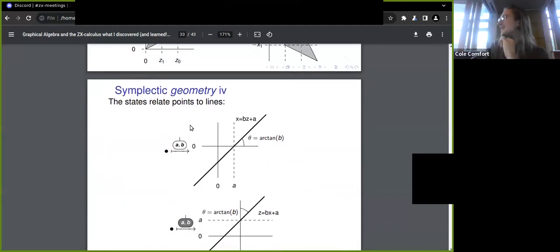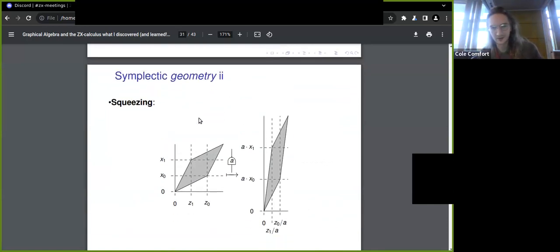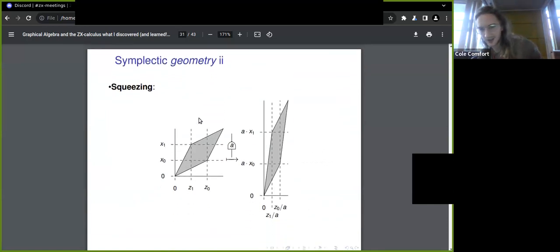The general idea is to replace the finite field with a field of characteristic 0, and then you have to do a bit more work. Terms like squeezing, for example, come up in photonics.